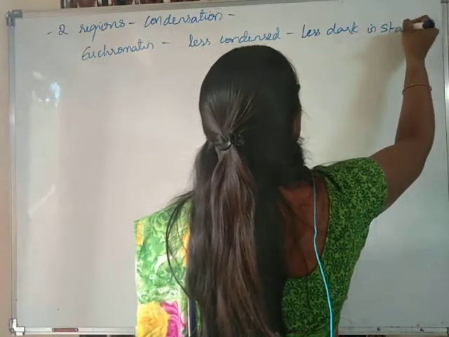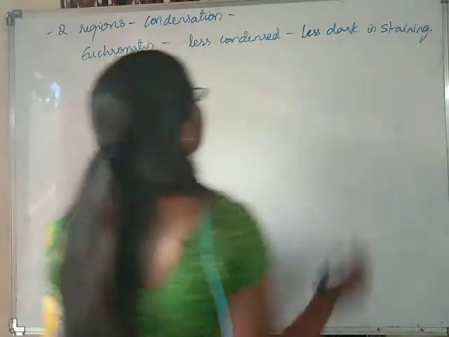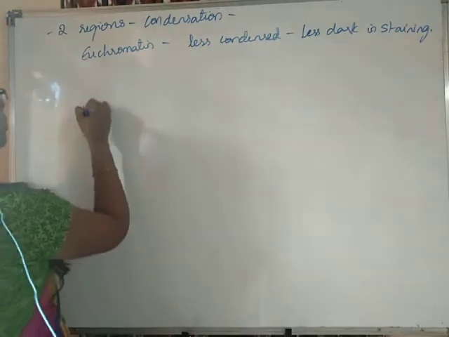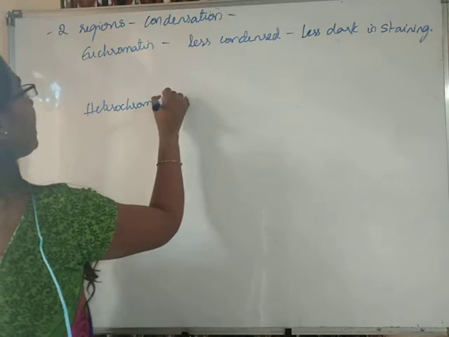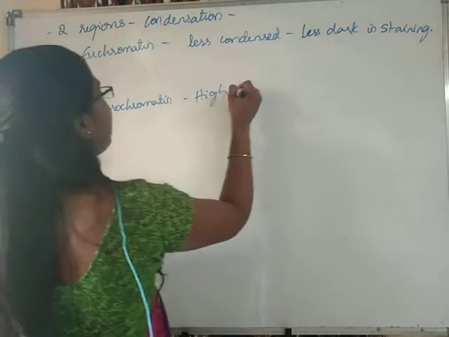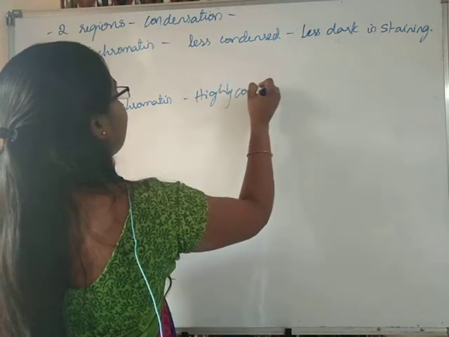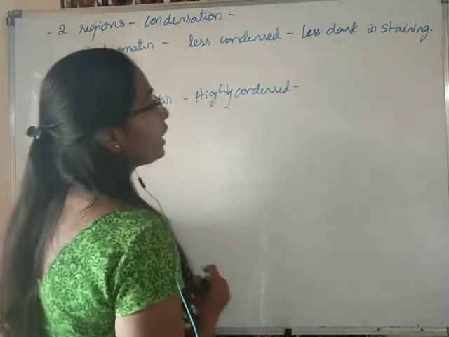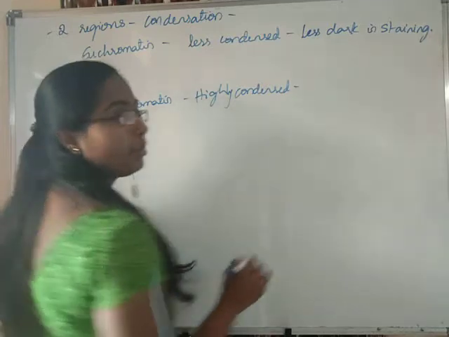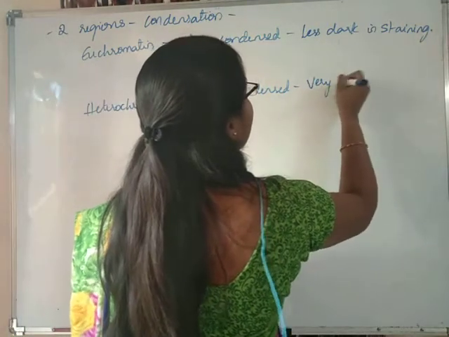The other type is heterochromatin, a very highly condensed region of DNA, which appears very dark in staining.